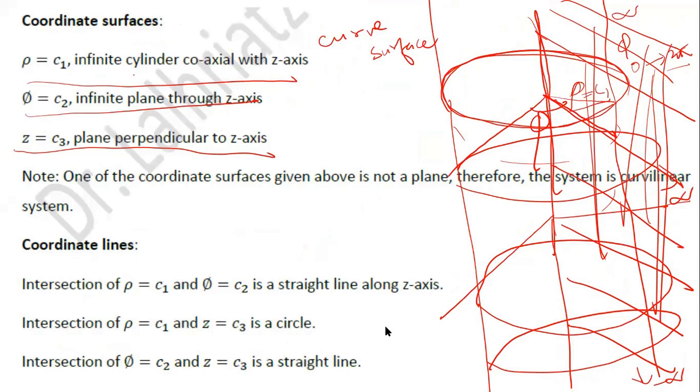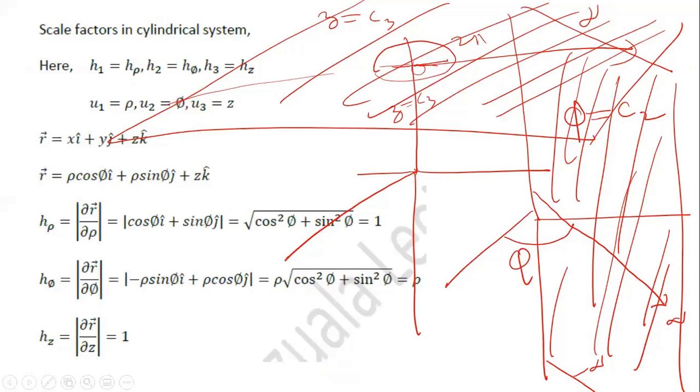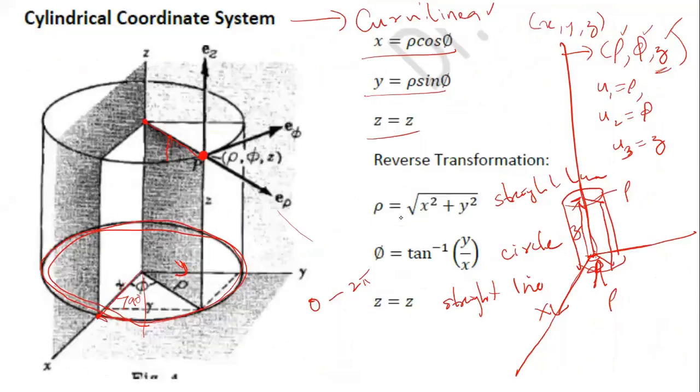And I have also talked about this rho equal to C1. Intersection and all, you can just go back. I will just go back to that here. Where is that? I think I can explain it from this picture. So intersection of the coordinate surfaces.